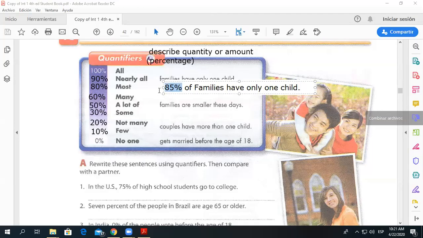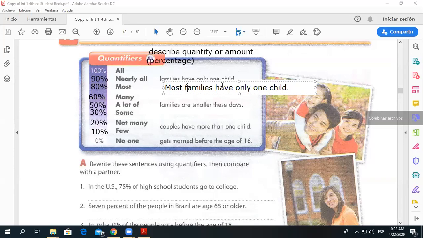Okay, I want to use a quantifier here instead of the number. So what quantifier can I use? Because 80% is not here. 85% is not there. So what quantifier can I use? Exactly, I can use most families, and I can eliminate this because with most we don't use of.